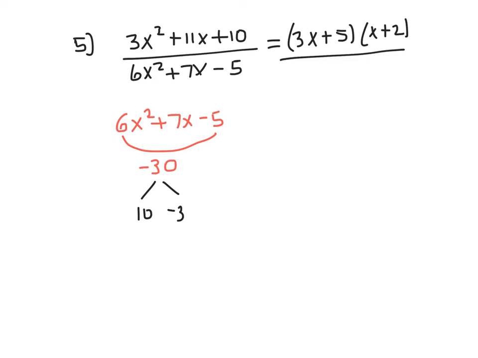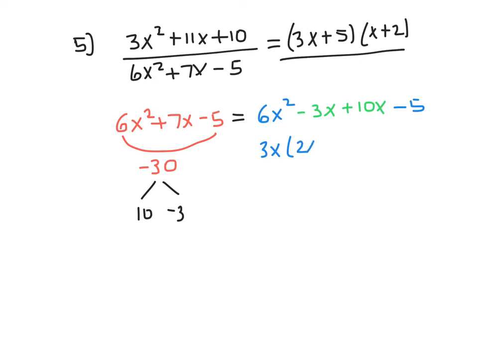So I'm going to use that to split the middle term. So I have 6x squared minus 3x plus 10x minus 5. And then I factor whatever is common. So I see 3 is common, and x is common too.